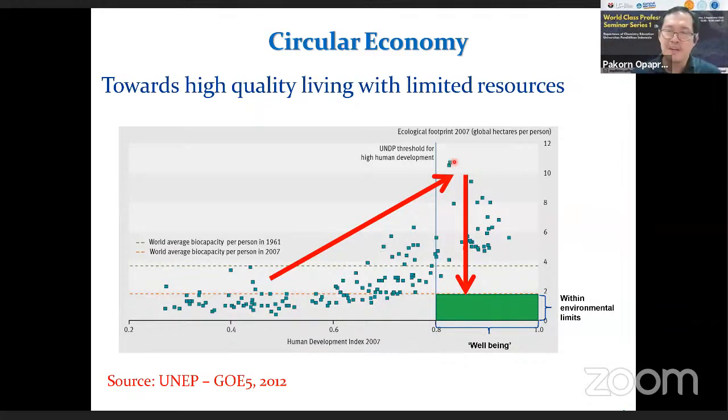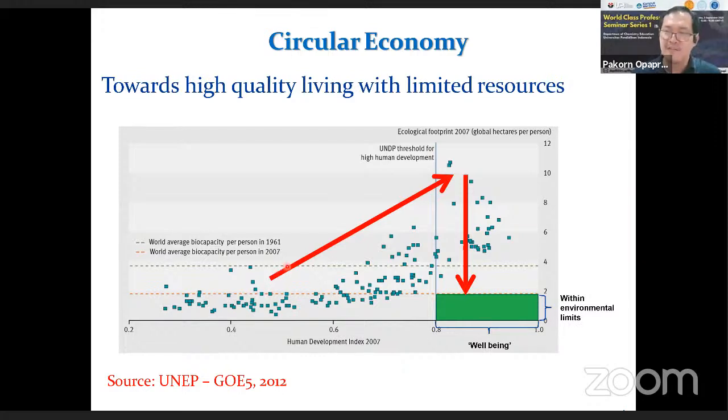The unit here is area or biocapacity per person per year. And if we look at these two dashed lines, they represent the world average value. In 1961, it was around 2. Now, in 2007, it increased 2 times, to about 4.